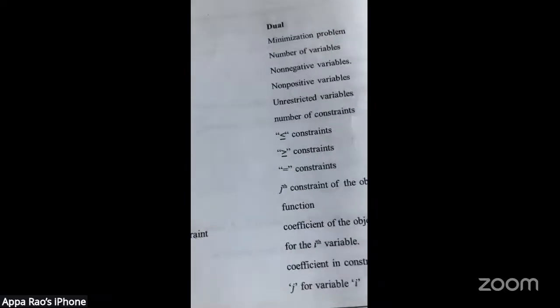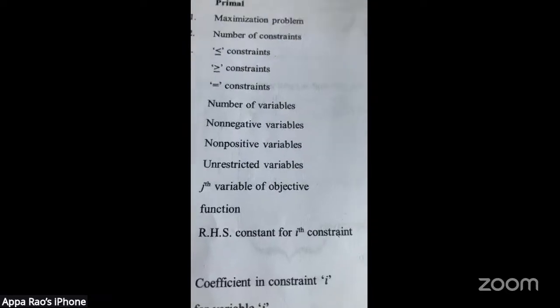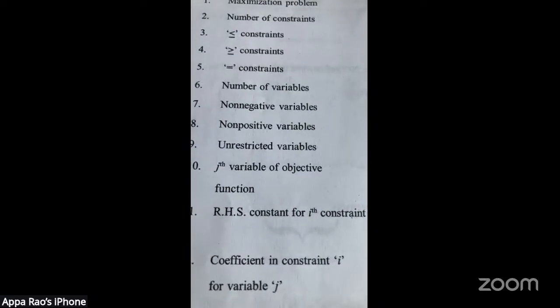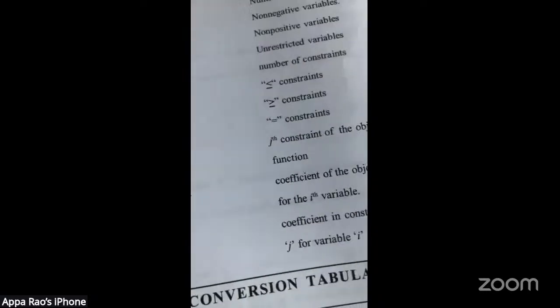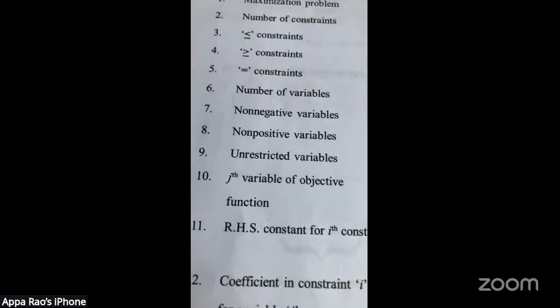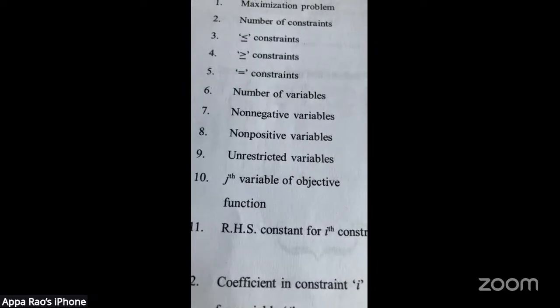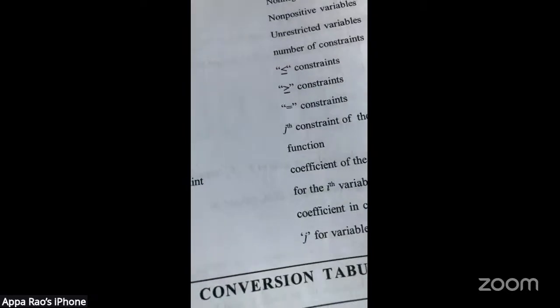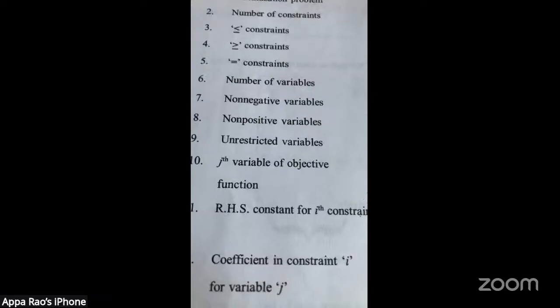Next, the number of variables equals the number of constraints. Non-negative variables correspond to less than or equal to constraints. Non-positive variables correspond to greater than or equal to constraints.